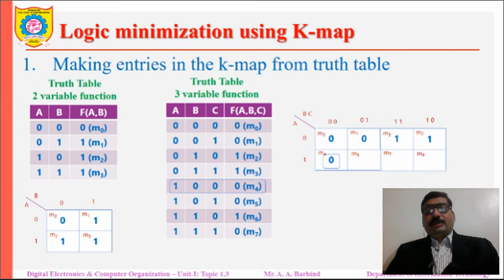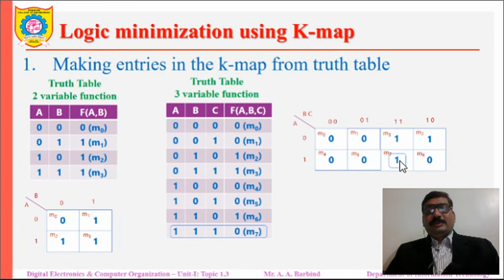So like this, the remaining entries are made in the K-map. This is corresponding to 101. The next entry is corresponding to 110, so it goes into this particular cell, and the last entry is corresponding to 111, and it goes in this particular cell.